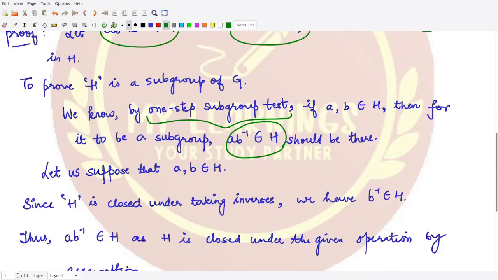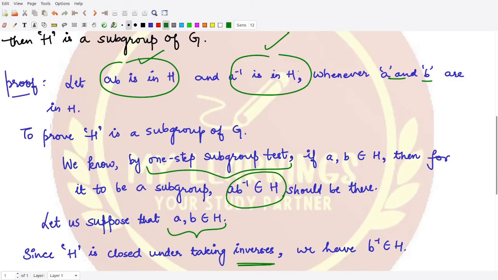Suppose A and B are present in our subset H, because until now we do not know whether H is a subgroup or not. That is what we are proving here. So we take A and B from the subset H, because H is closed under inverses, which is what we have assumed initially.